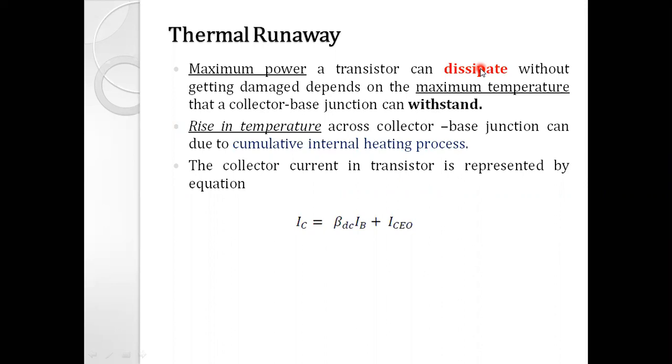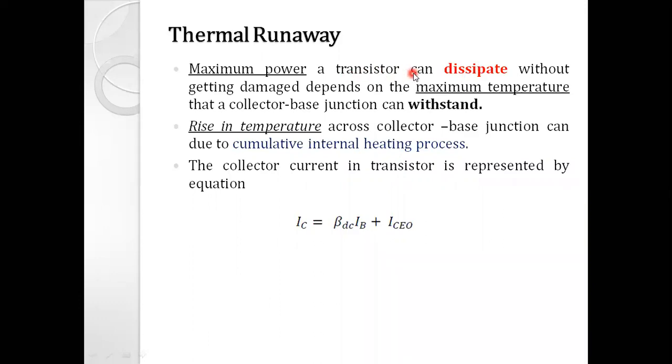Thermal runaway. It is one kind of phenomena which is related to temperature, and from the second term, that is runaway, we can understand it. It is a kind of a continuous process.